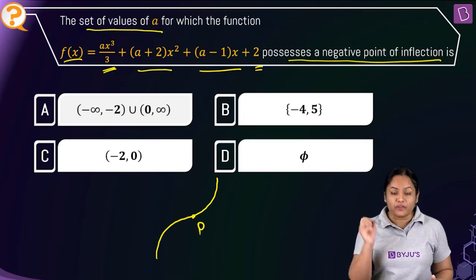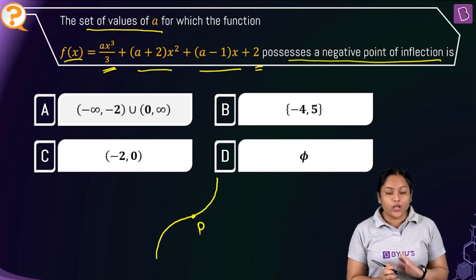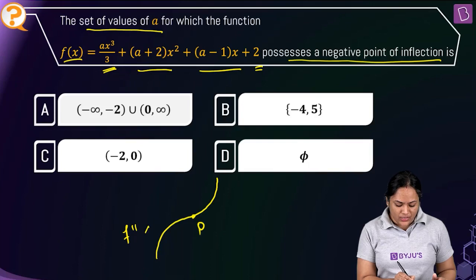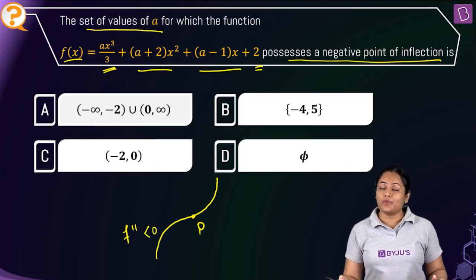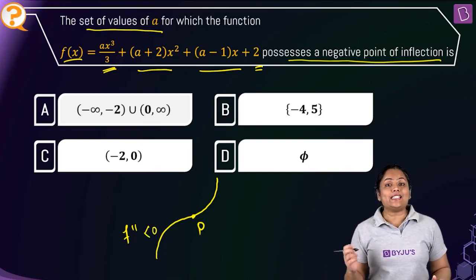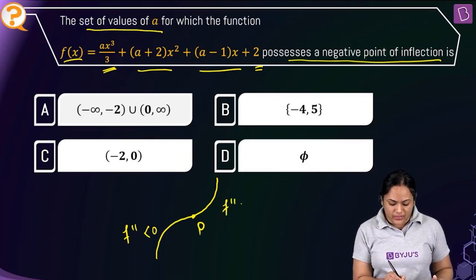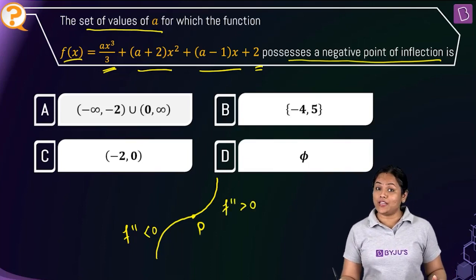This is my point of inflection P, right? On my left hand side, it is concave downwards, and for concave downwards, we know f'' is less than 0, right? Similarly, on the right side of P, it's concave upwards now, and therefore f'' will be greater than 0.